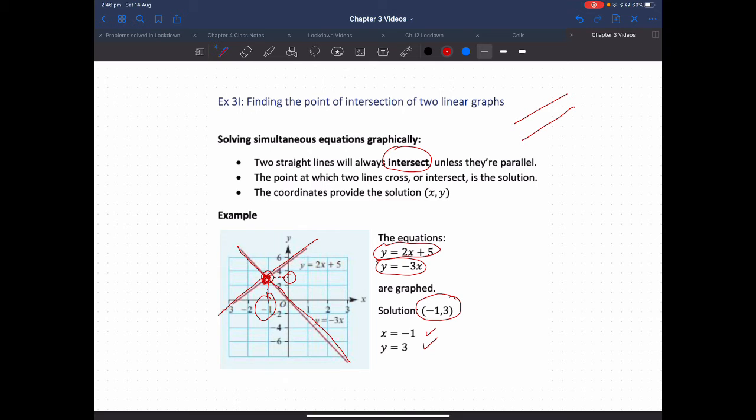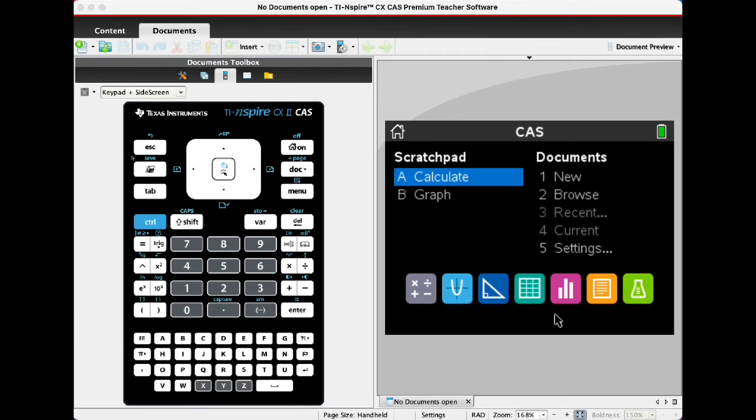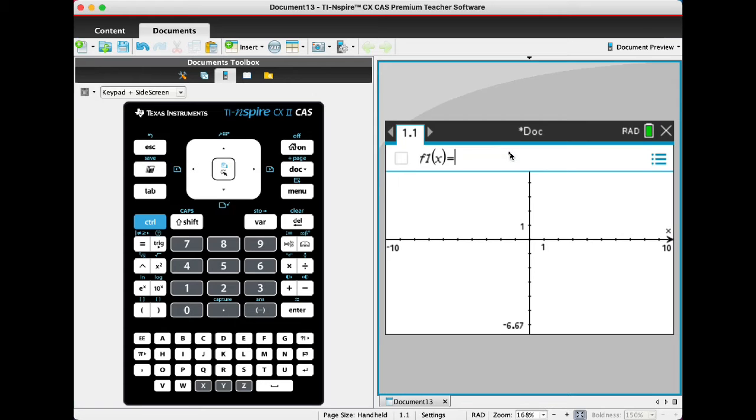Now I will do this using the calculator. For this example, I'm going to need a graphing page. So I'm just going to start a new document and select Add Graphs. My first equation was y equals 2x plus 5, so I'm just going to type 2x plus 5 here, press enter.